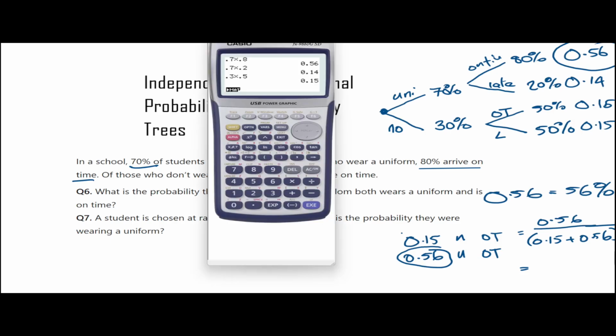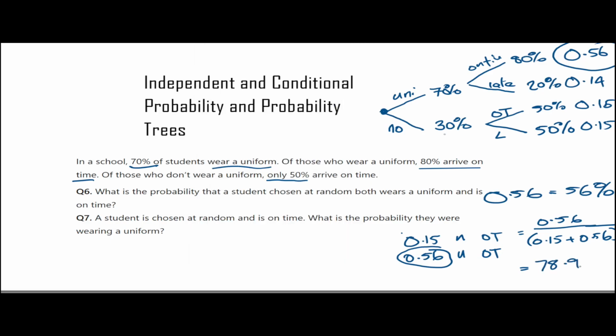And I've got no idea what that is off the top of my head, so 0.56 divided by brackets 0.15 plus 0.56 equals 78.9%. And that's how that's done.